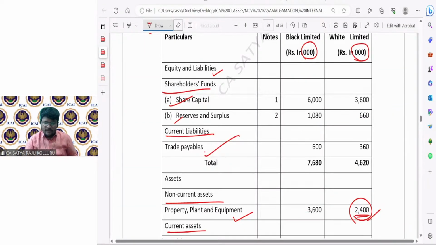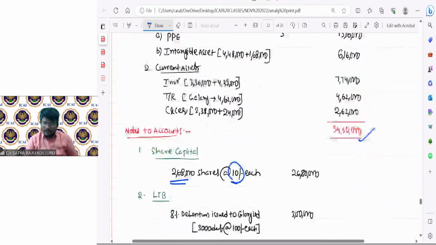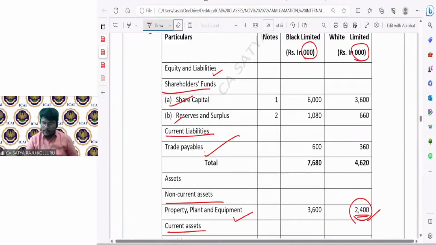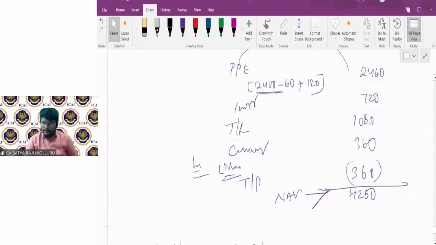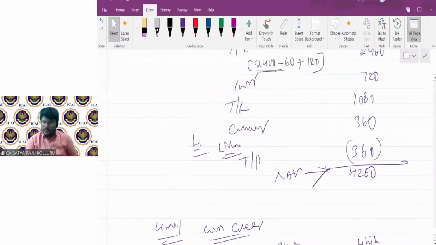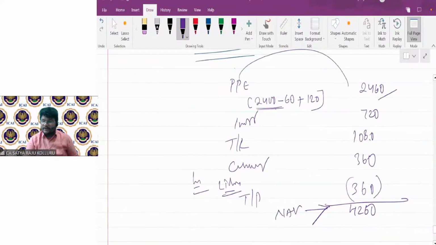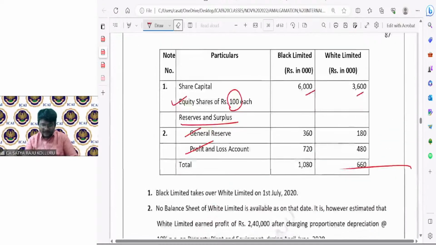Okay, let me verify the accuracy of the numbers with my PDF. Everything was considered. Goodwill is also there, na? I forgot. One second. Here one point is there.